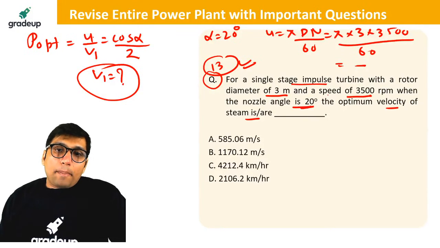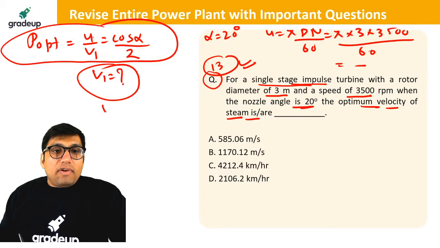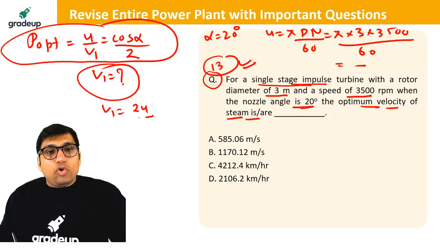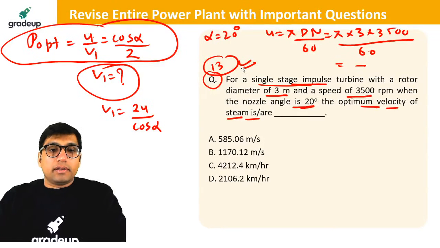Okay. So the optimum velocity of the steam for a single stage impulse turbine will be given by this relation. So V1 will be equal to 2 into U by cos alpha. Alpha in this question is 20 degrees. Okay. So what will be the answer for this question? Come on, tell me.